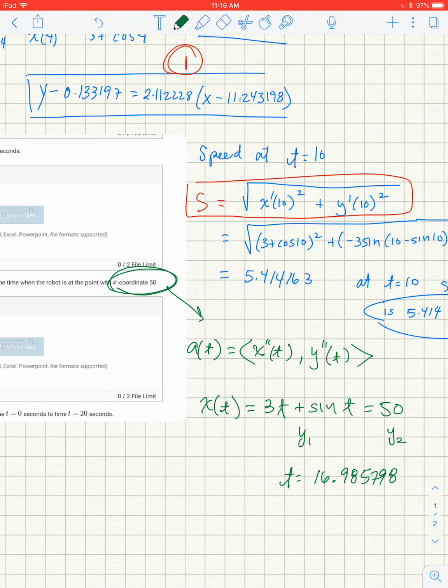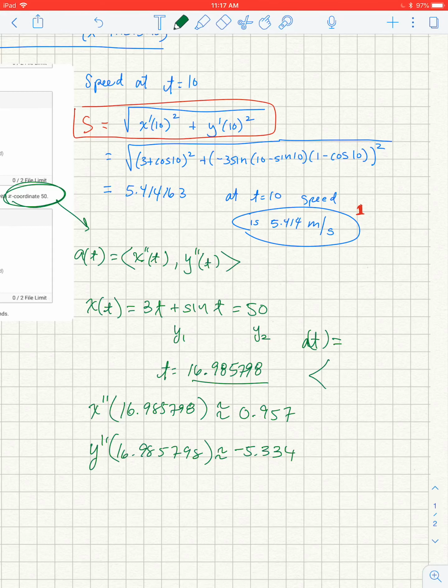And you do the same thing in the calculator with the second derivative of y of that number, and that gives you approximately negative 5.334. So your acceleration vector a of t is going to equal 0.957 comma negative 5.333. Okay, or 334. Either answer will be okay.